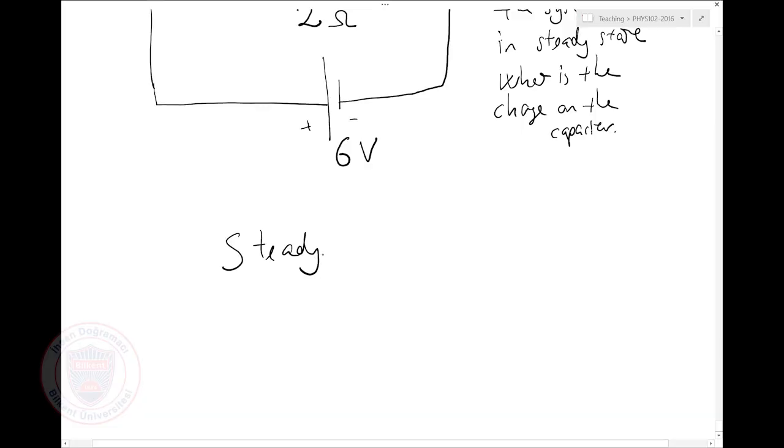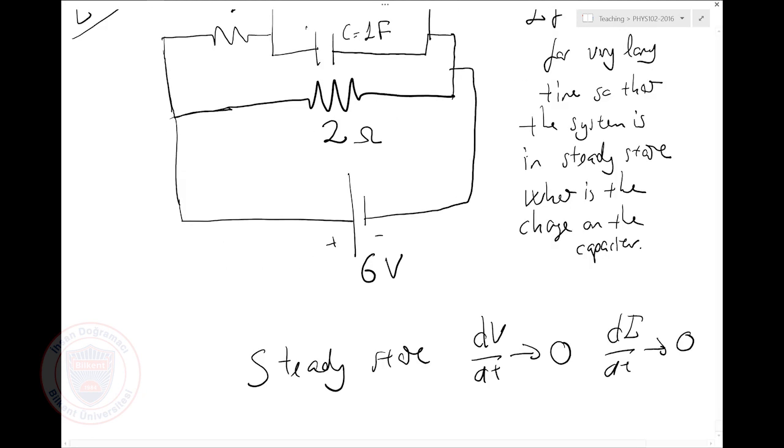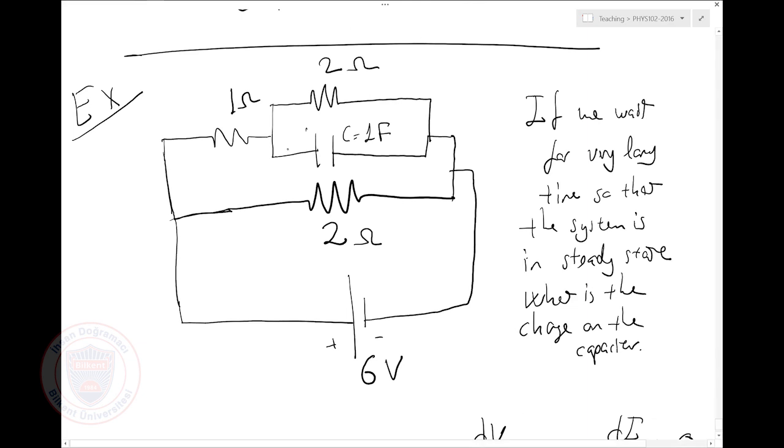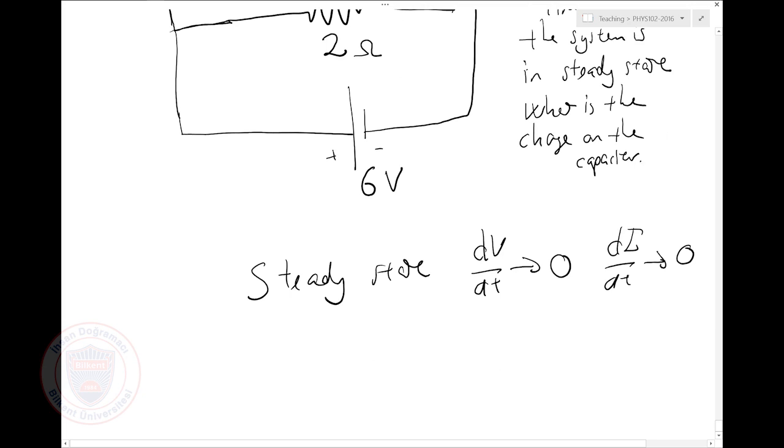So this is what you should understand from steady state. dV by dt goes to 0, di by dt goes to 0. Now, how is the current on the capacitor related to the voltage on the capacitor? Come on.